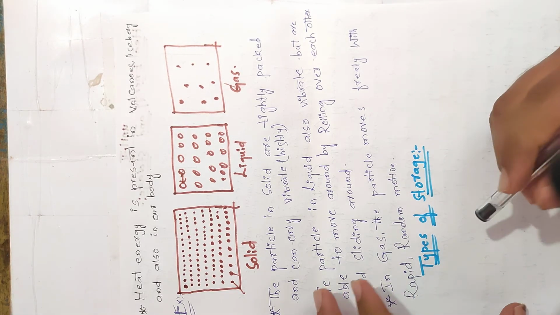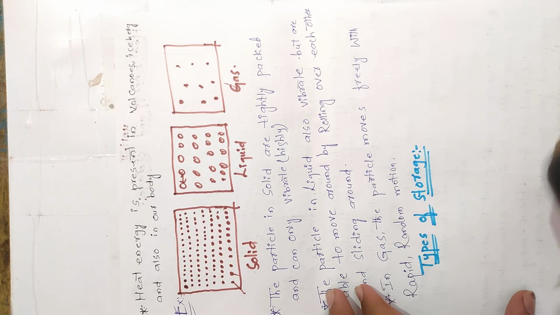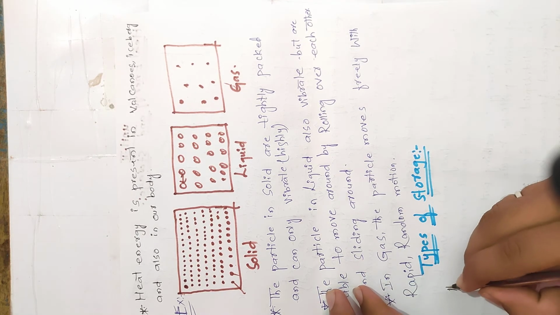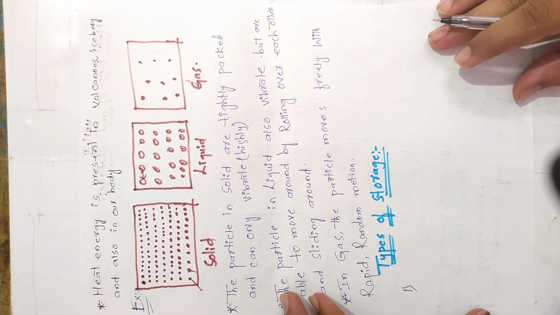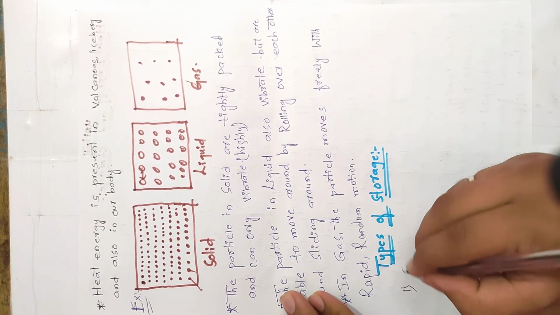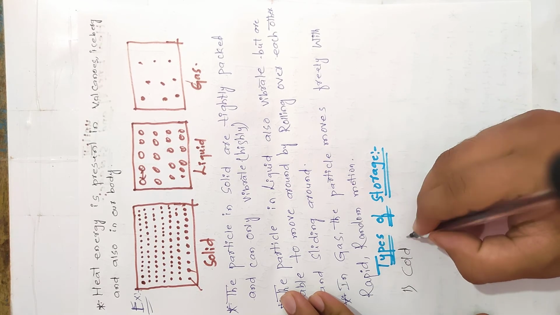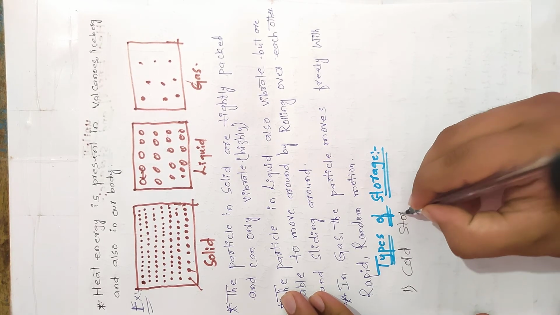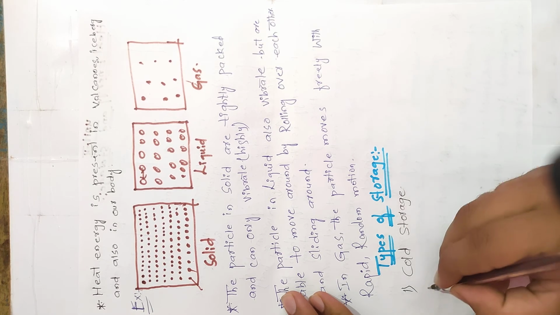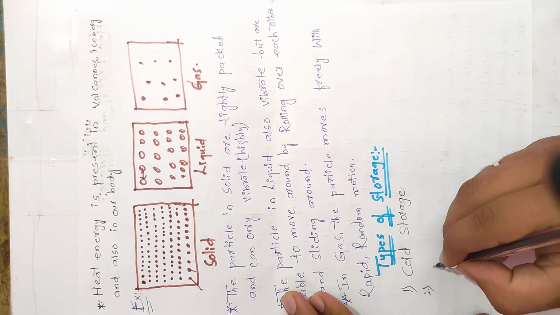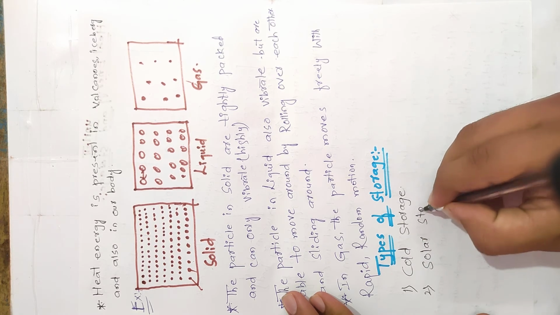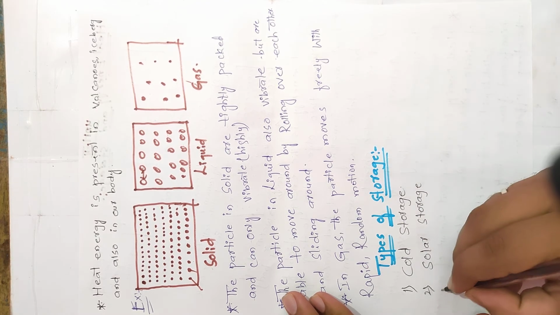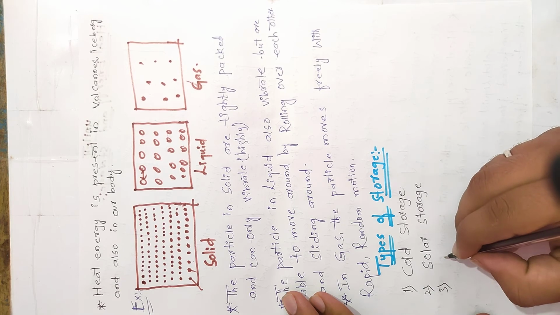The first one is the cold storage system. Second one is solar storage, and third one is thermochemical energy storage.